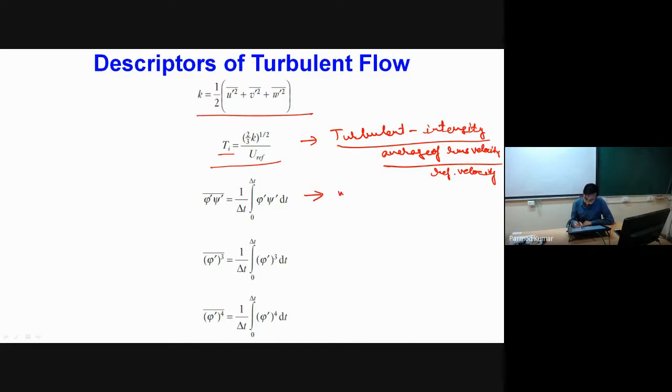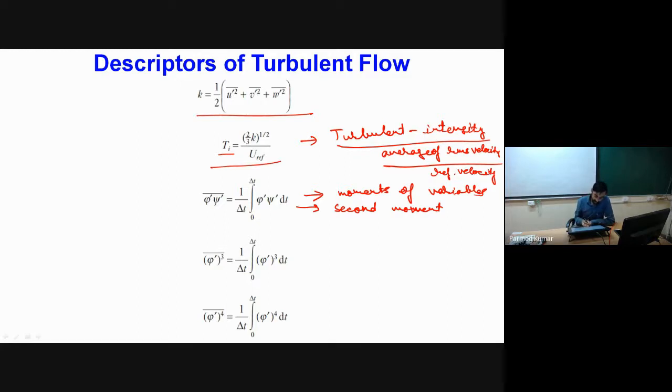We also try to calculate the moments of variables. Okay. So this particular moment, which I have calculated for the product of phi dash into psi dash, is called the second moment. Okay.